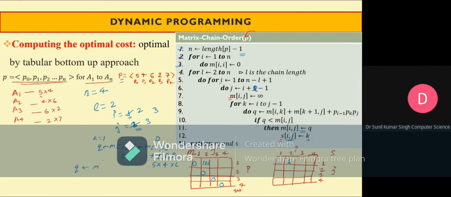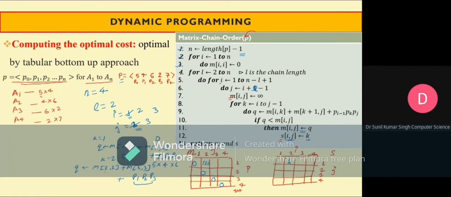So k is going to be 2, and we compute M22 plus M33 plus P of 1, P of K that is 2, and P of J that is 3. M22 and M33 are given already, M22 is this one, M33 is this one.